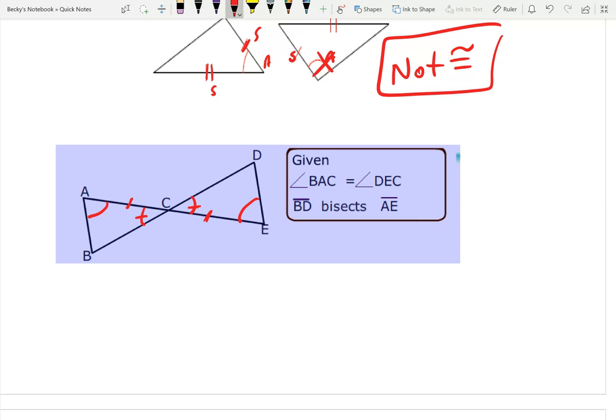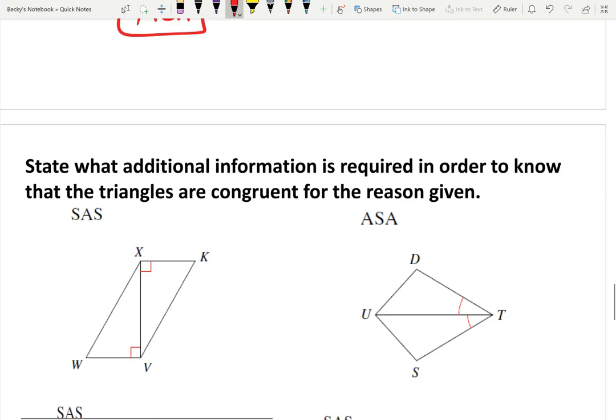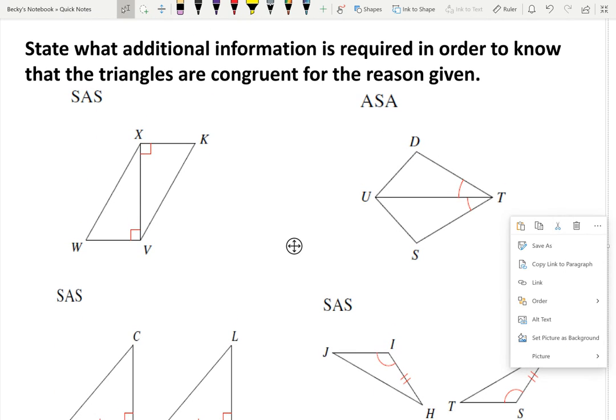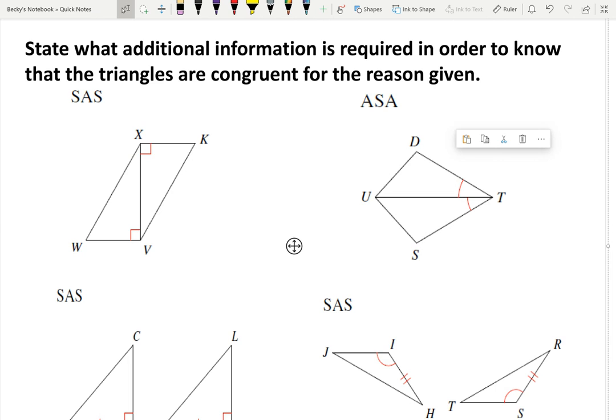So this is a case of angle, with a side in between. Is it the same on the other one? Angle, side in between. So this is angle, side, angle. Perfect.